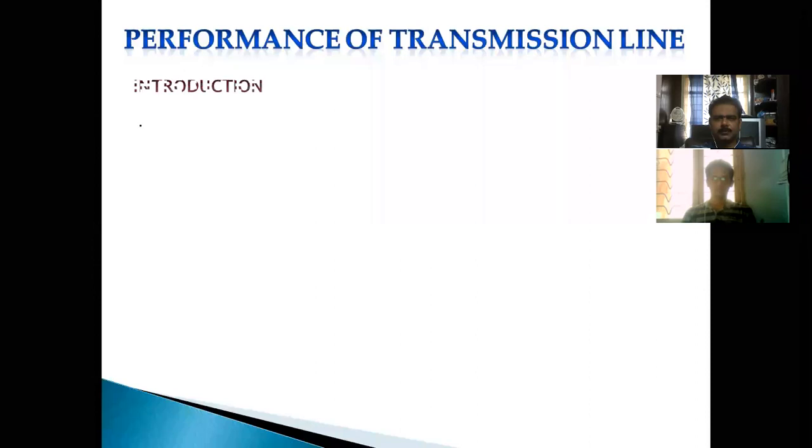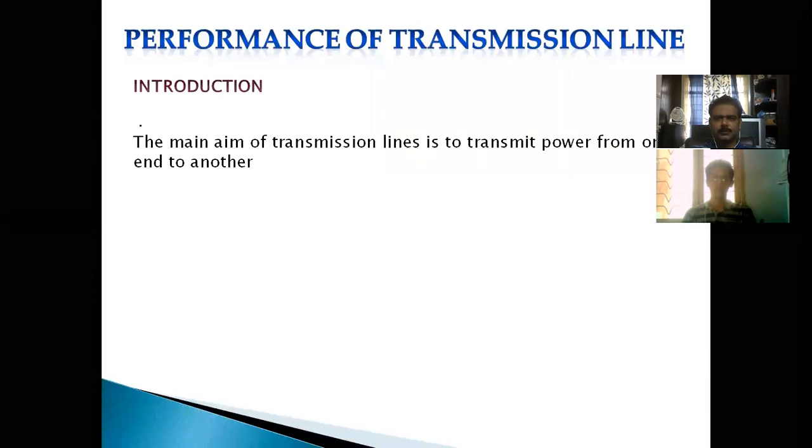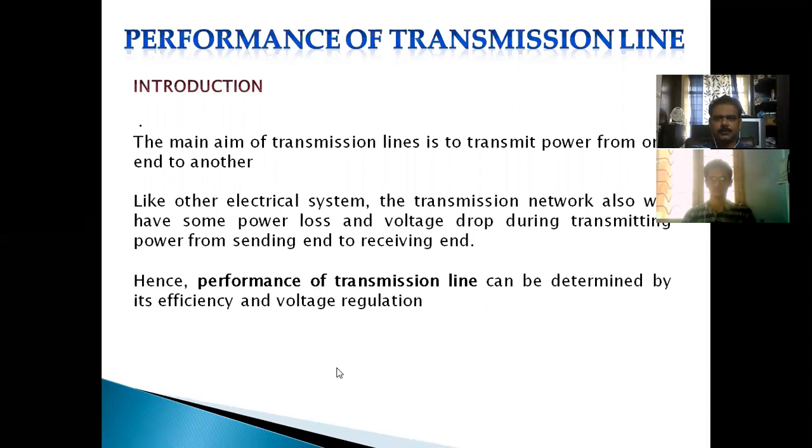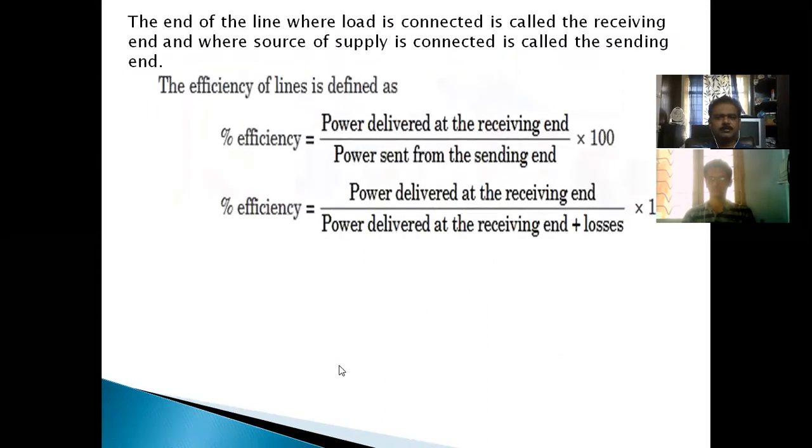Performance of the transmission line: introduction, the main objective, and how the performance can be evaluated based on efficiency and regulation. The next step is finding efficiency. Efficiency is nothing but power delivered at the receiving end divided by power delivered at the receiving end plus losses.